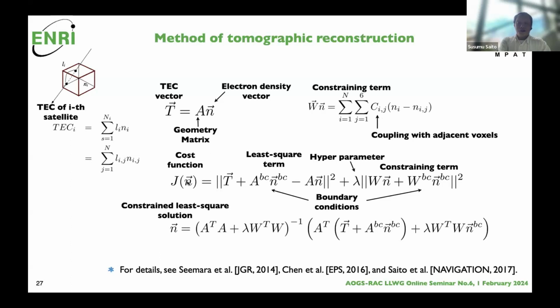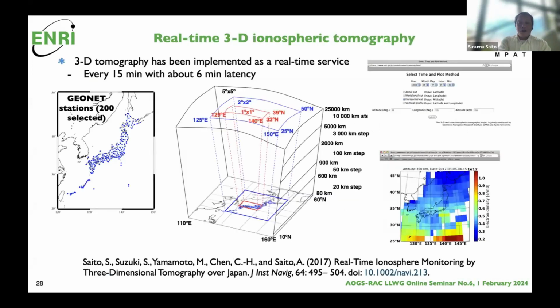And the minimization of this cost function can be solved analytically, and we have this equation. But this is again not easy because it requires a huge matrix inversion. Nevertheless, we succeeded in making it into a near real-time operation.